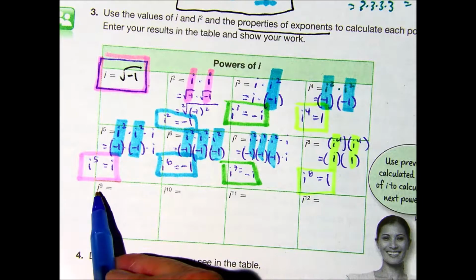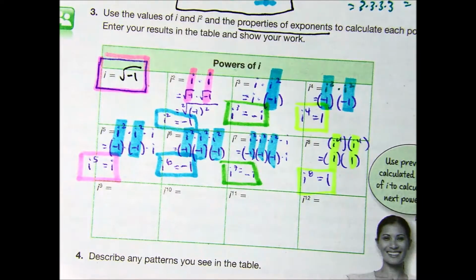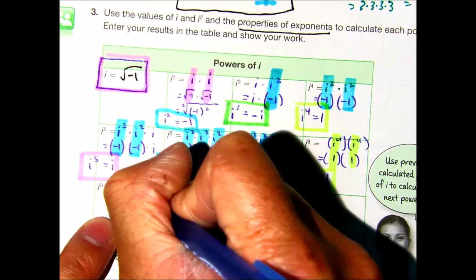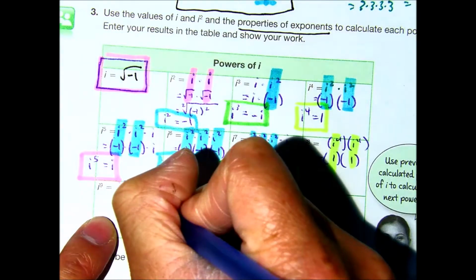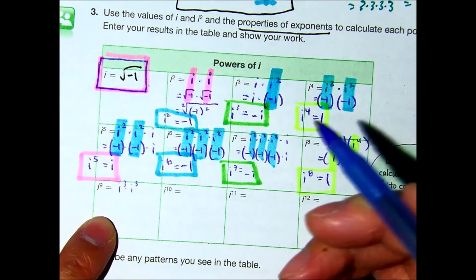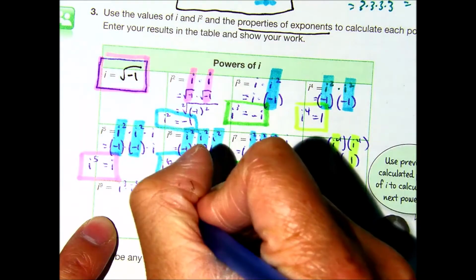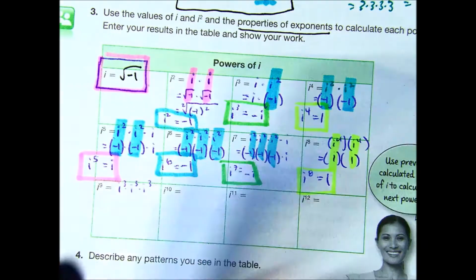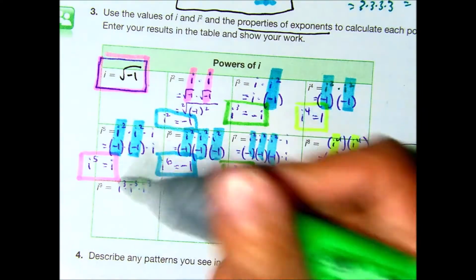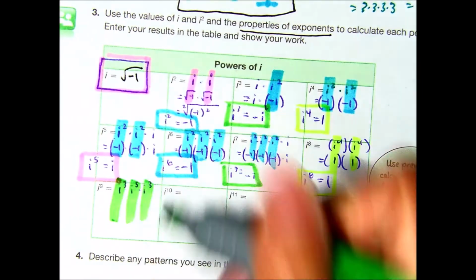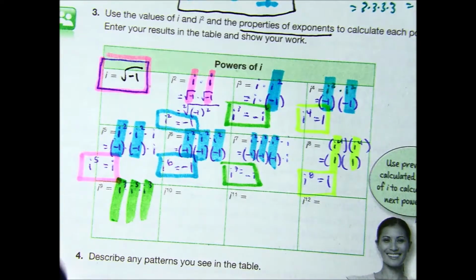Diana. Yes. And Diana, what is i to the 3rd power? Green, look for the green.